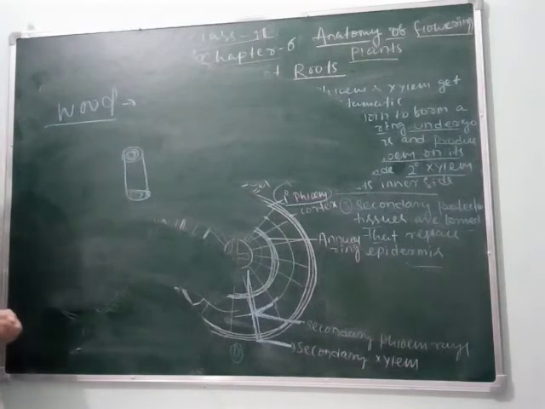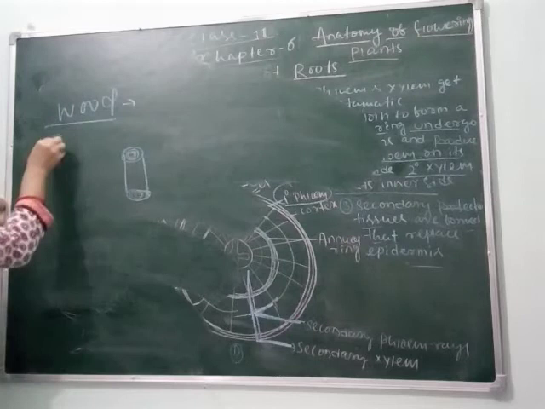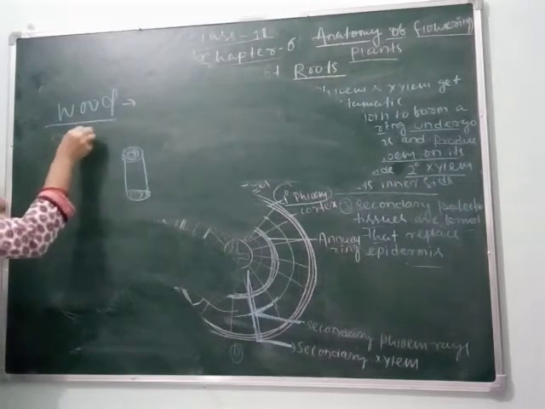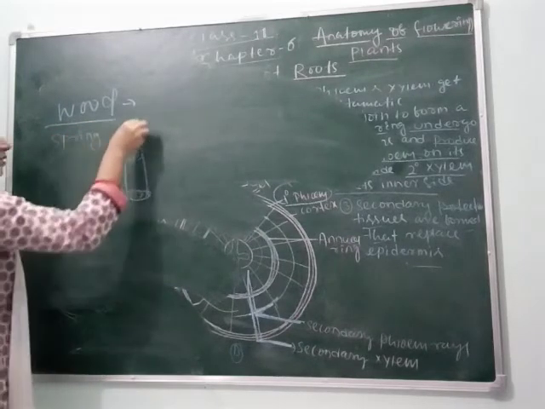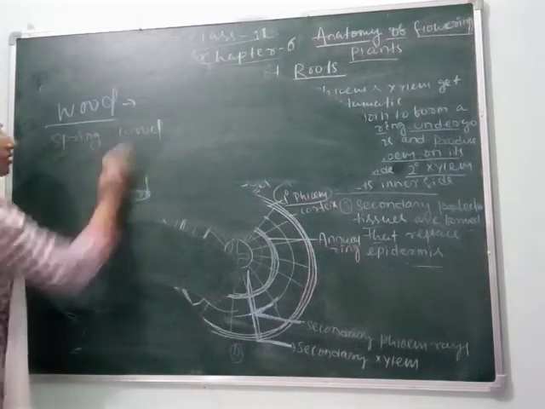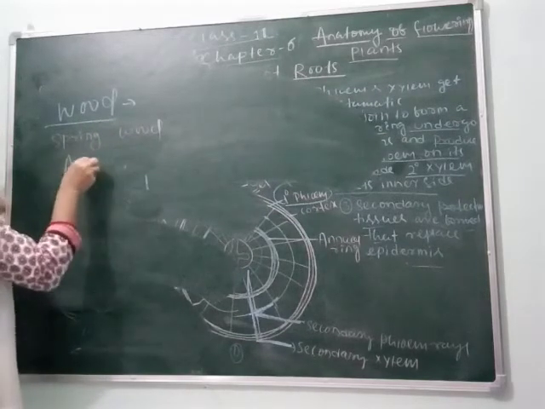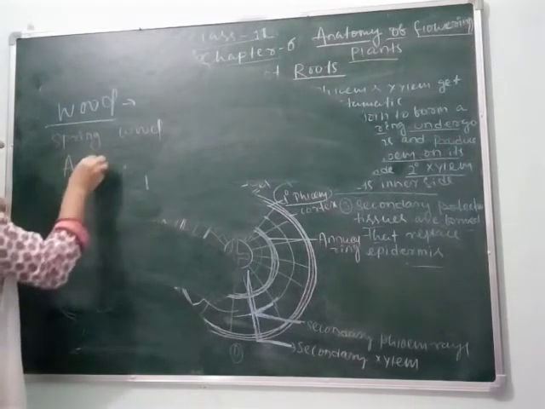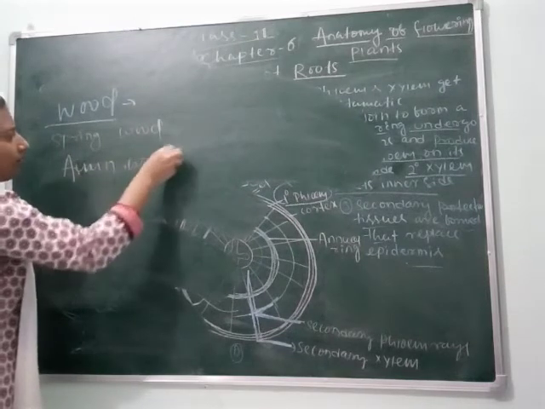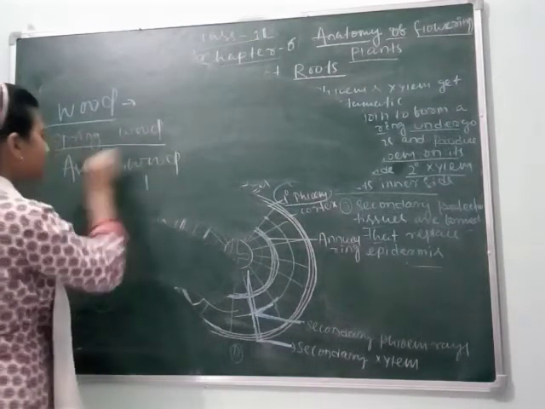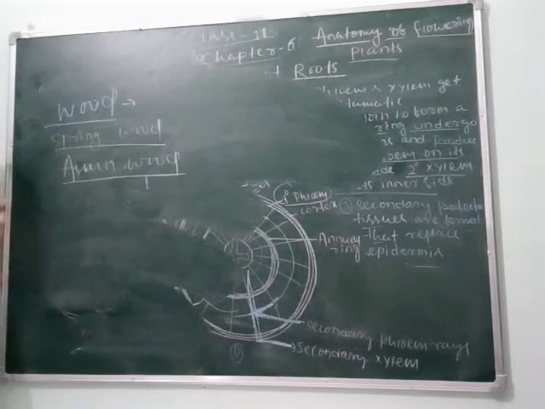The wood is divided into two types. One is spring wood and another is autumn wood. Clear? Why is this called spring wood and why is this called autumn wood?